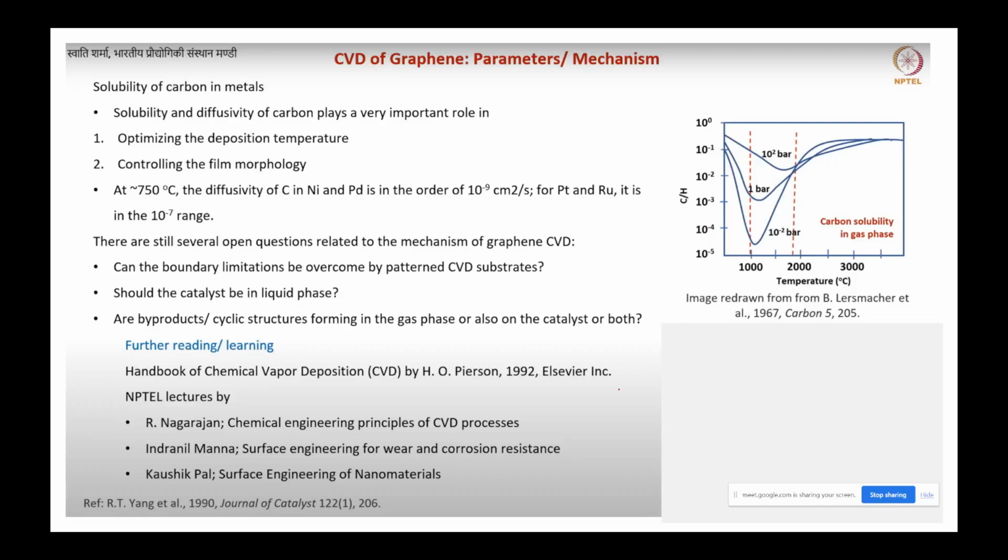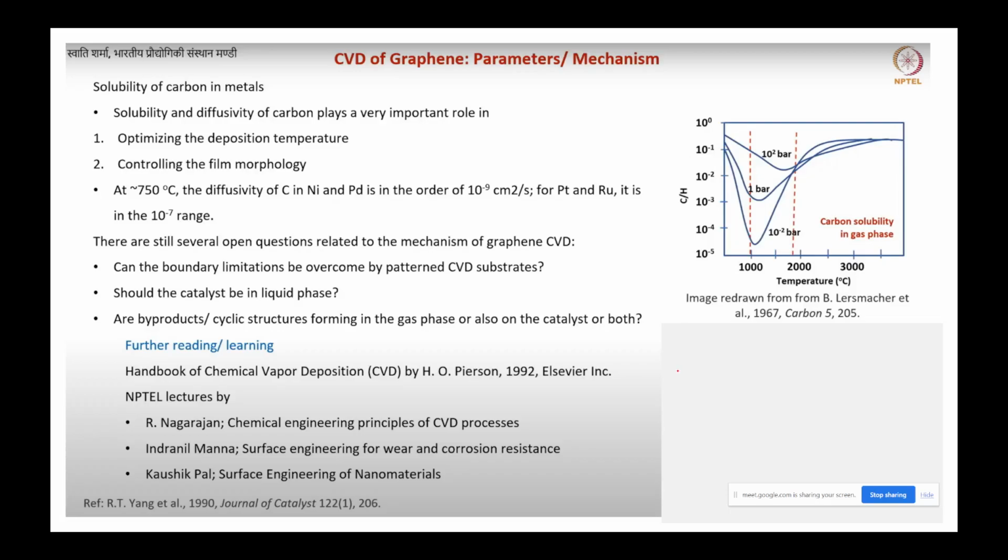So now in the CVD of graphene, in the same league of the parameters, what could be the mechanism that we can use here? Here you can see the solubility of carbon in metals. The first thing is that the solubility and diffusivity of carbon play a very important role.